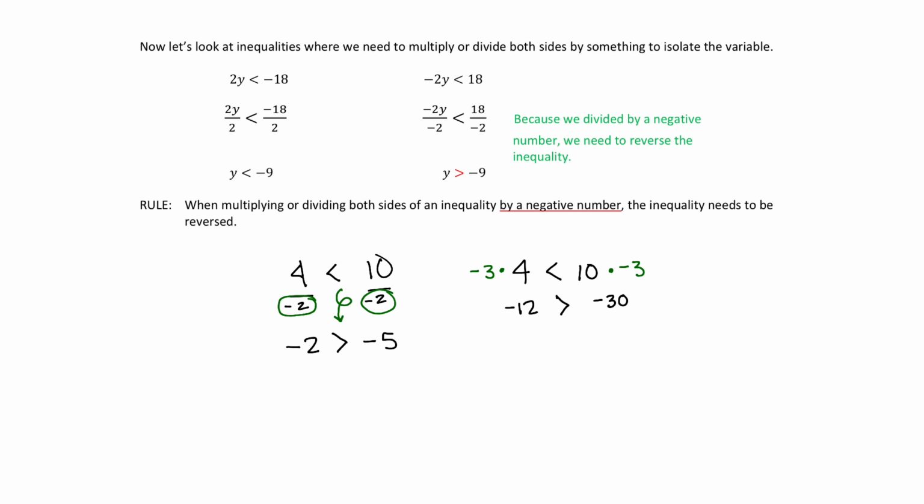Temperatures are warmer at negative 12 degrees than at negative 30 degrees. Not by much, but it's still true, right? So it switches again because this number, when we're multiplying, is negative. It has nothing to do with the original black numbers, the 4 and the 10. They can be anything. It's the number you times both sides by.